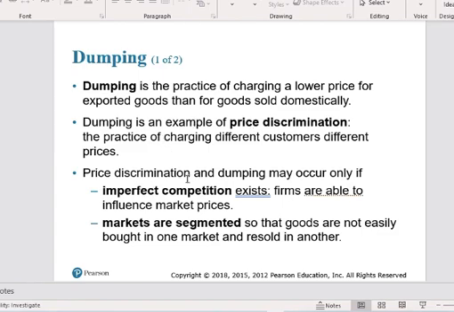Price discrimination and dumping may happen only if the market is imperfect, firms are able to control the price, and markets are segmented so that the goods are not easily bought in one market and resold in another market. So this is also very important. It serves as a wedge, stopping the trade between these two places.